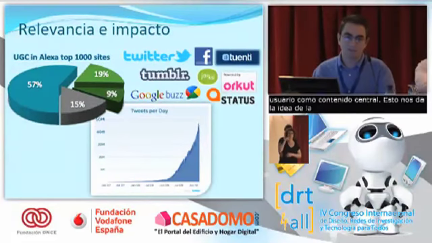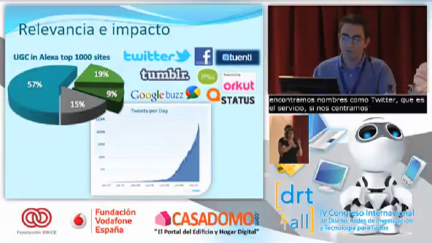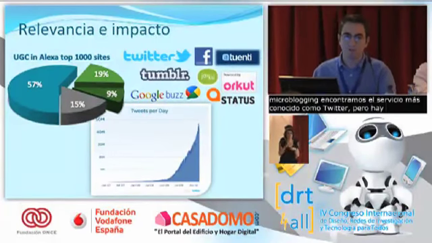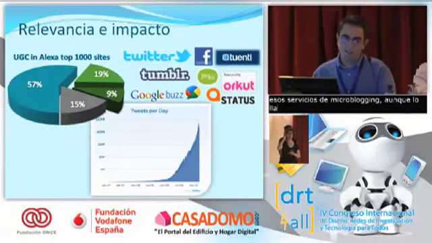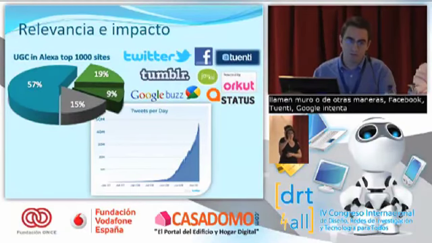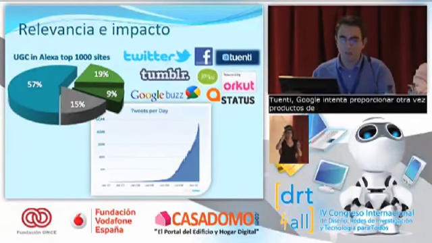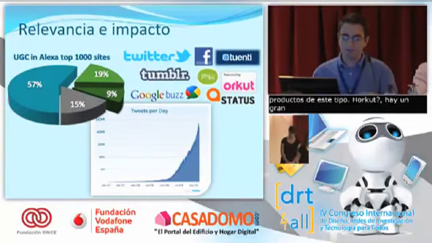And here we find things such as Twitter, which if we focus on microblogging, is the most famous one. There are others, but there are also other services that offer microblogging. They may call it a wall, such as, for instance, Facebook. Google is once and again trying products such as these with Google Buzz, Haiku. There are also other open initiatives such as Status, etc. There are many microblogging sites.